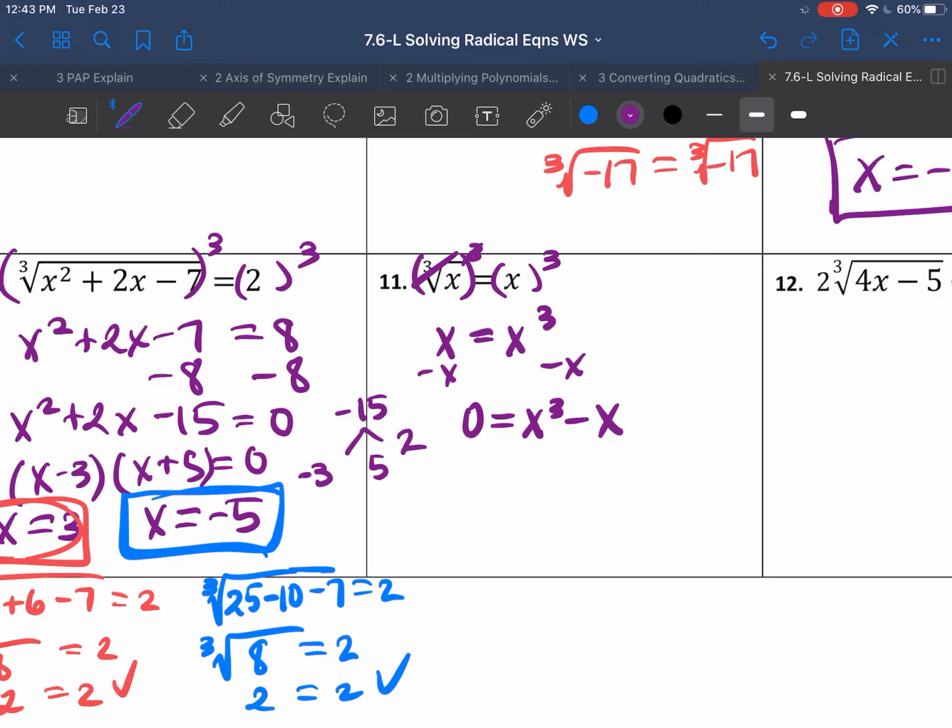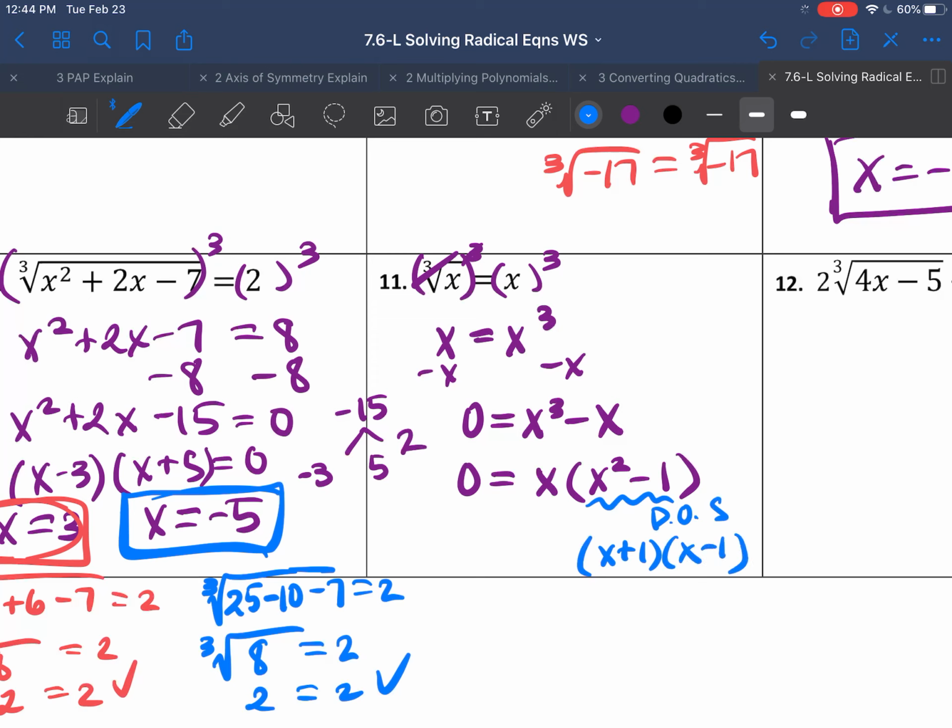Okay, and so next I can factor, just like I would a quadratic, I can factor out an x. Okay, and then that leaves me with a quadratic that is a difference of squares. It factors to x plus 1, x minus 1. And I still have this x here.